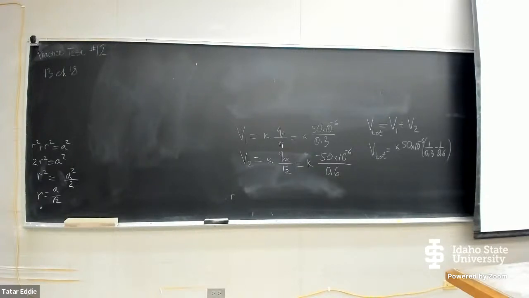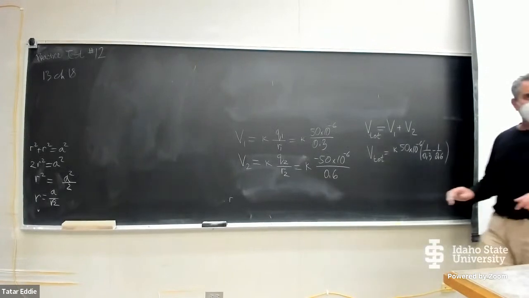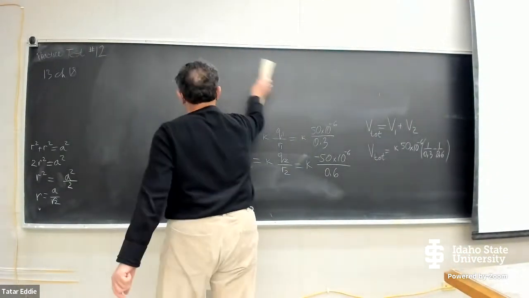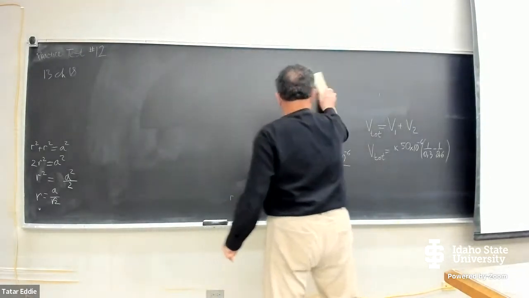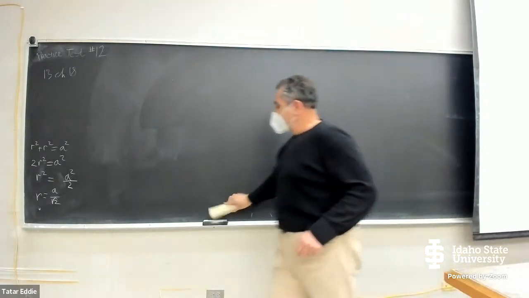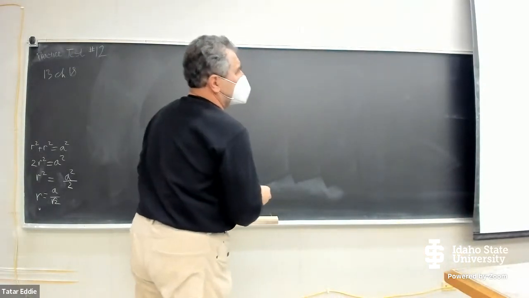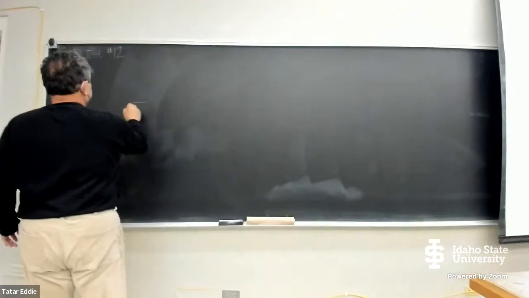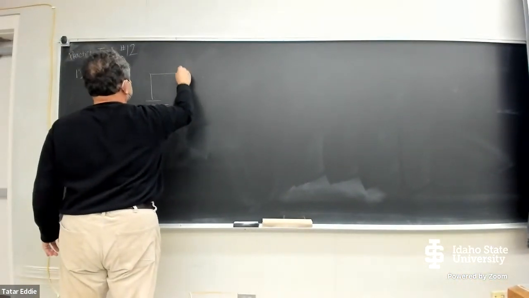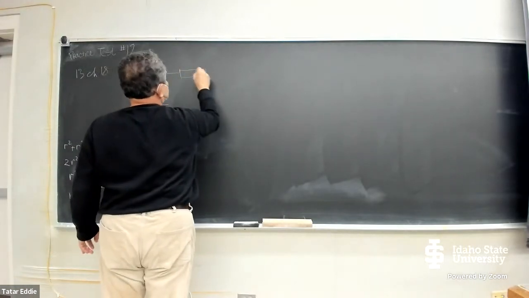So you are given a circuit. And unfortunately, people that are online cannot see the circuit, but I'll draw it on the board. So you have a battery, you have one resistor right here.